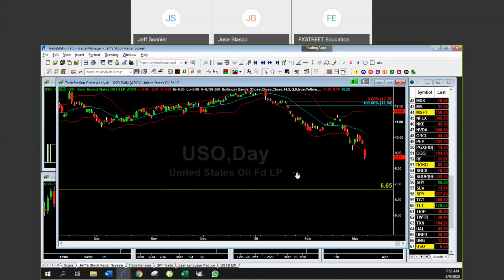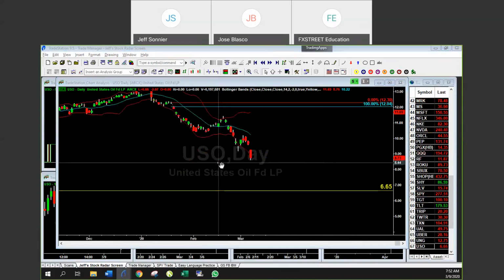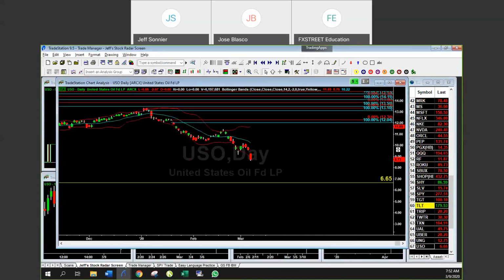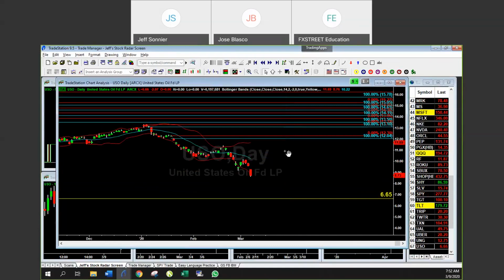You could buy the stock, spend $6.65. If you're wrong, you get out at $6.00, you get $6.00 of it back, and you move on to the next trade. You're hoping to get some money on this. If it doesn't happen, you're covered. If it does happen, great.